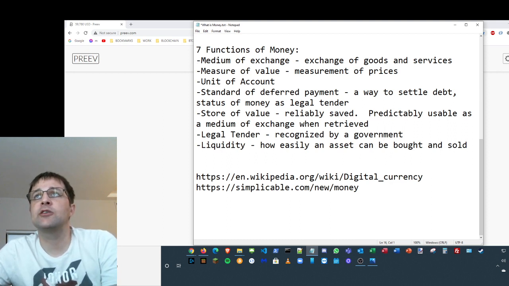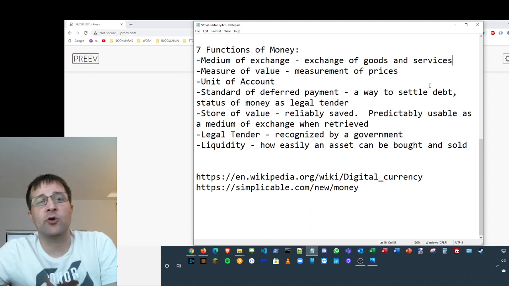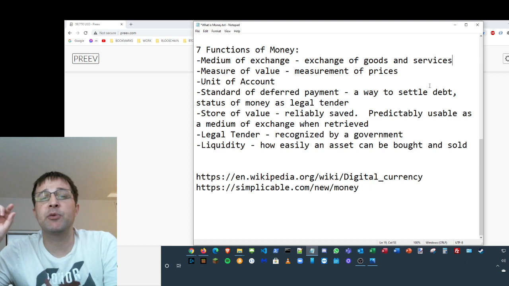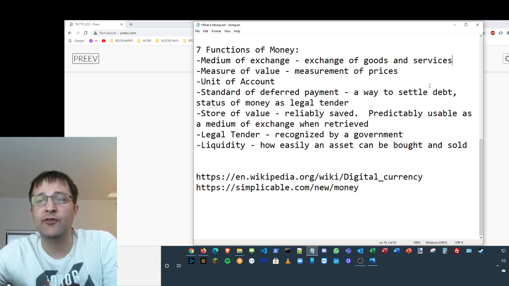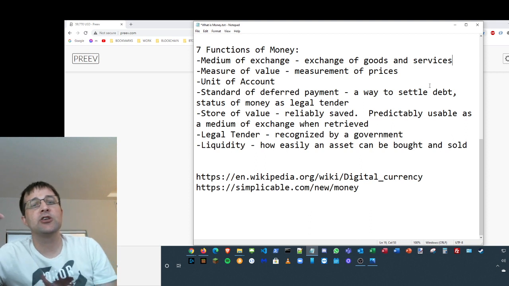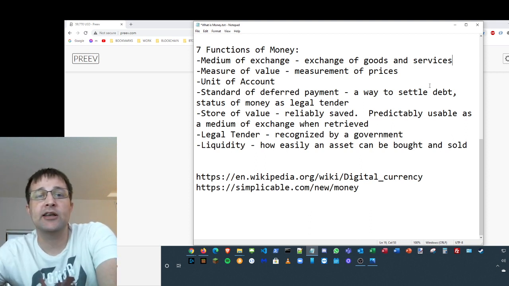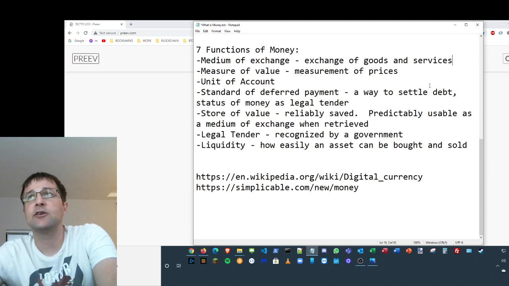So the first one, medium of exchange of goods and services. Obviously with US dollars, you can go into a store and buy something, and they have the price right there for you. When you pay for the good or service, you know exactly how much it costs in US dollars.